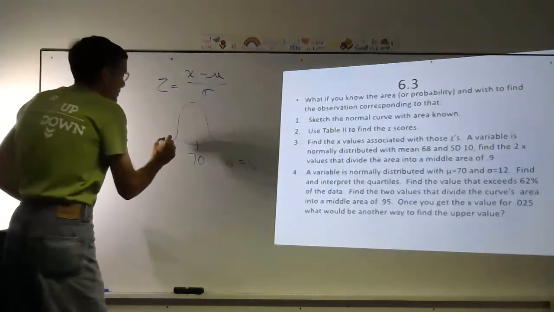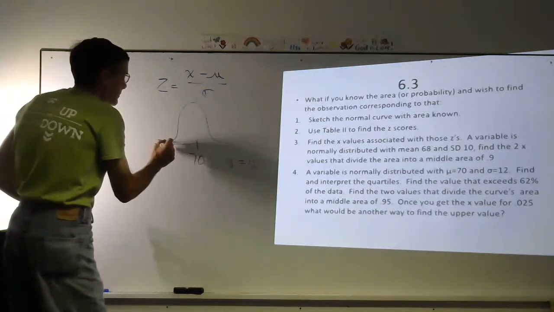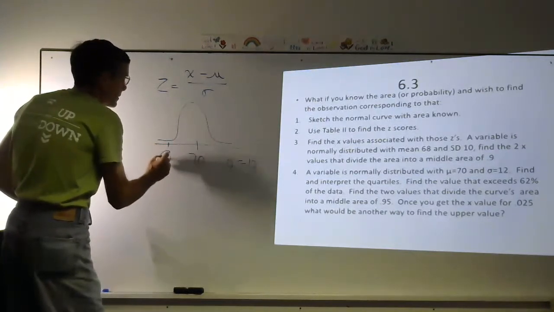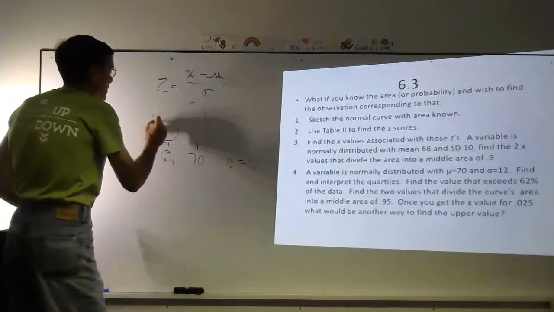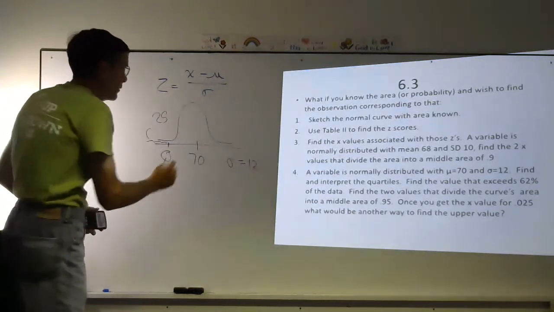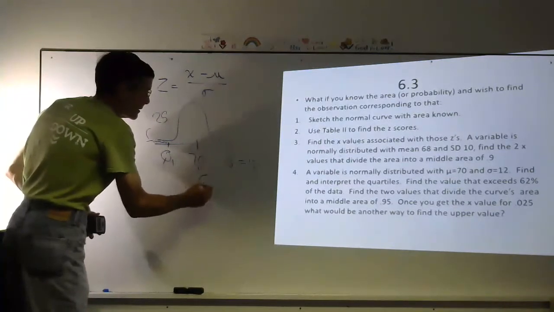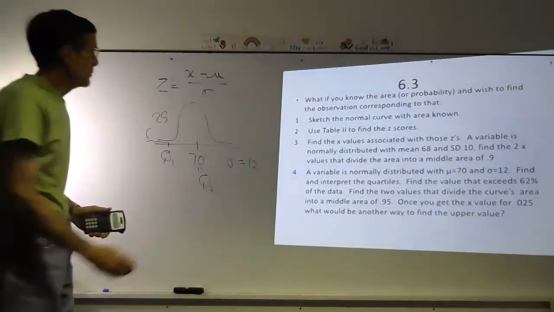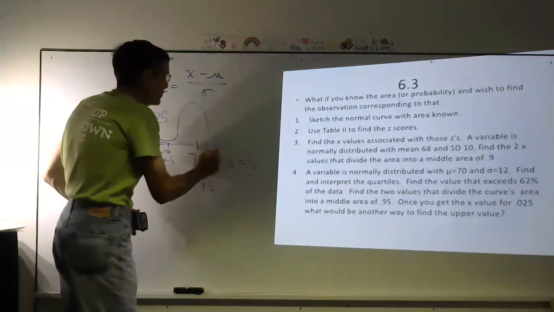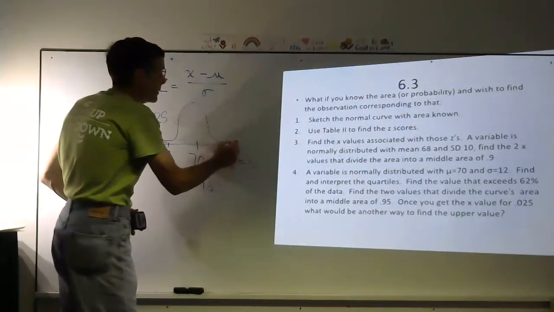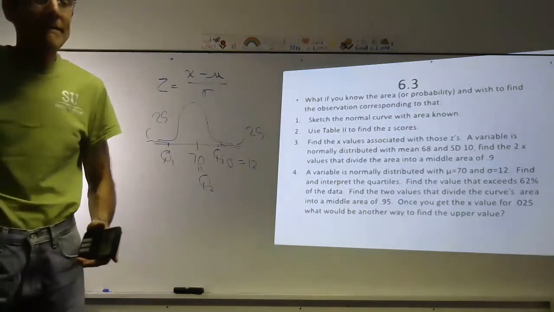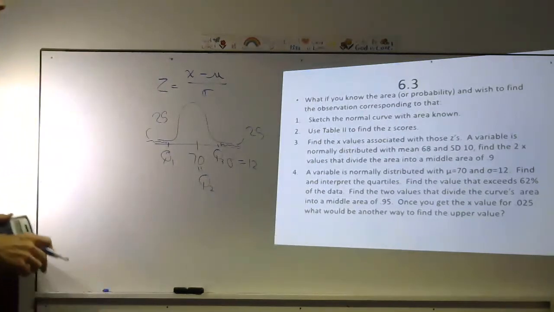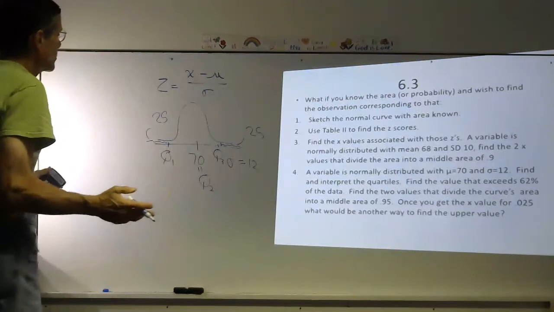Quartile Q1 is down here, where you have 25% of the data, 0.25. Q2 is easy. It's 70. Q3 is over here, where you have 25% of the data up there, correct? Okay, so let's find and interpret the quartiles.